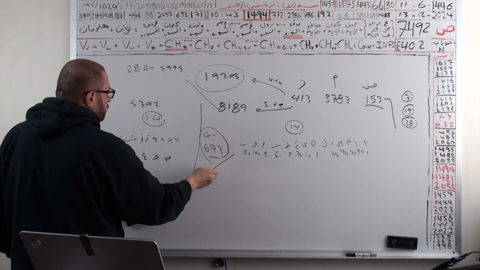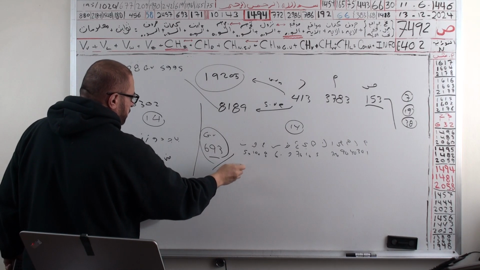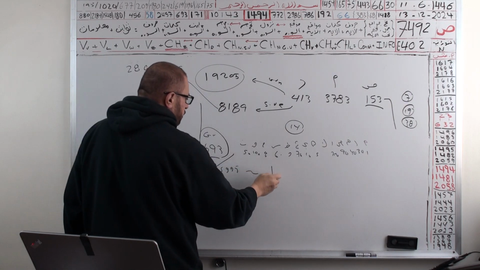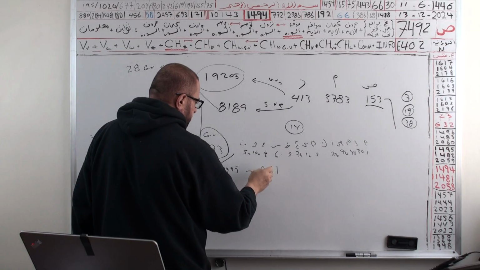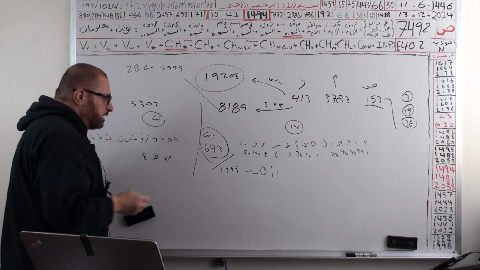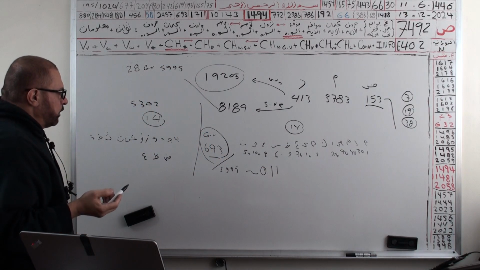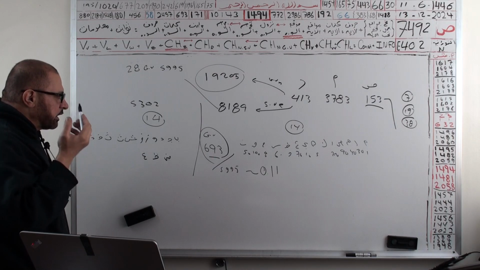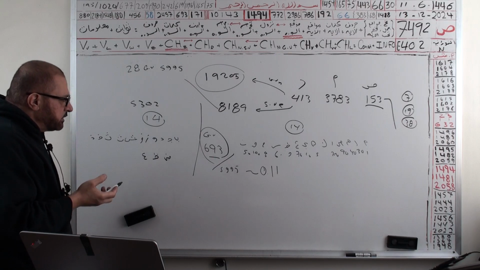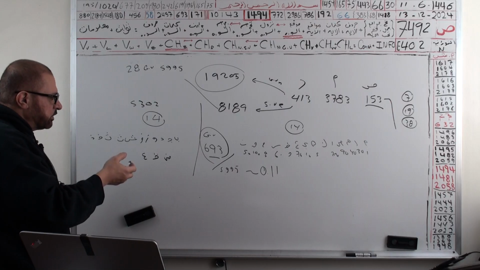So how much is this out of 5995? Almost less than 12%, 11 something maybe. It's supposed to be half. So why is this? Don't you ever question this? Why is this half of the Arabic alphabet but not half of the geometrical value?